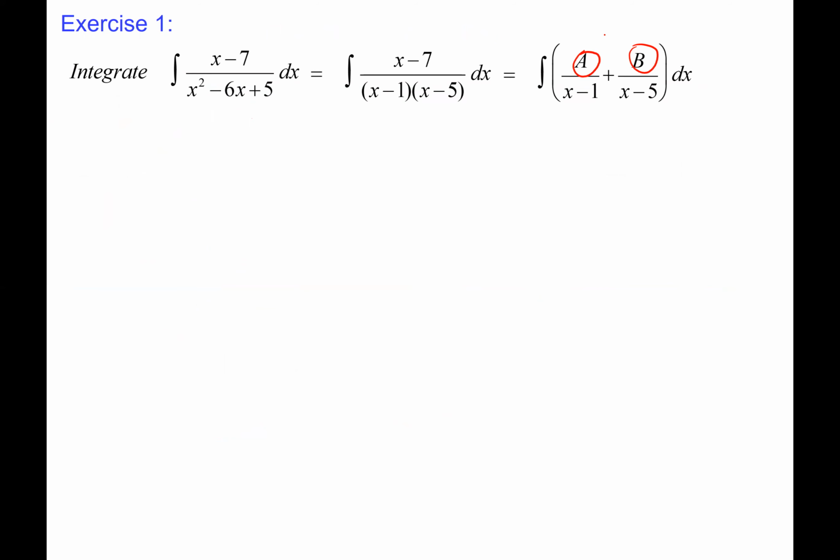What I can do, I can still try even without having the exact A and B, because they're going to be constant. I can still try to integrate this, because this is just A, I can put on the side, and ln of x minus 1, plus B, I can put on the side because it's constant, and ln of x minus 5.